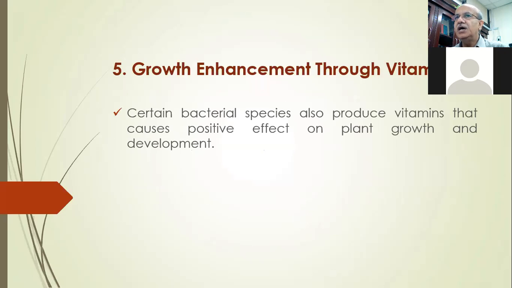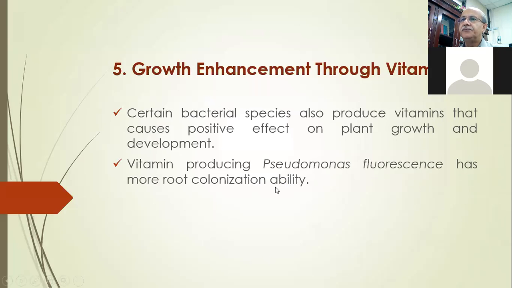Similarly, the plant growth is also improved if they get the vitamins, and certain bacterial species or the PGPR can produce these vitamins. These vitamin producing Pseudomonas fluorescens has more root colonization ability. So such Pseudomonas species which have the ability to produce vitamins have better ability to colonize the root.